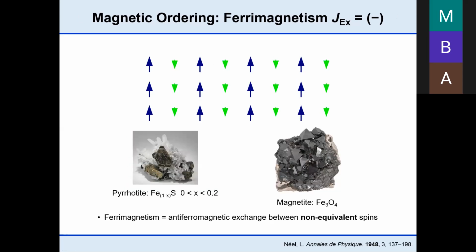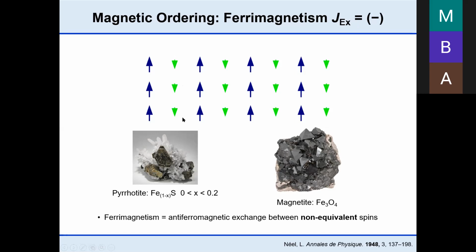And so the final form of magnetic ordering that we saw in class is what's called ferrimagnetism, where we still have a negative antiferromagnetic exchange interaction, but instead of having identical neighboring spin centers, we now have non-equivalent spin centers.